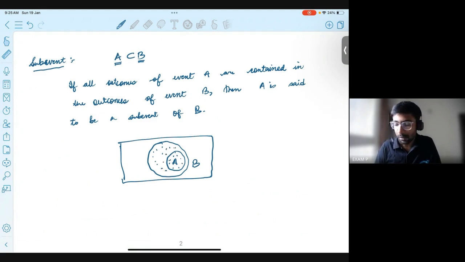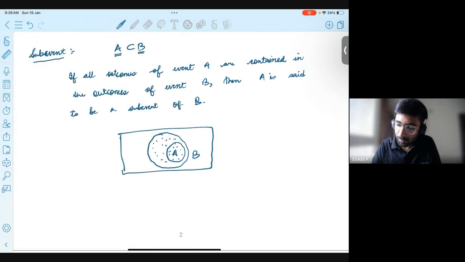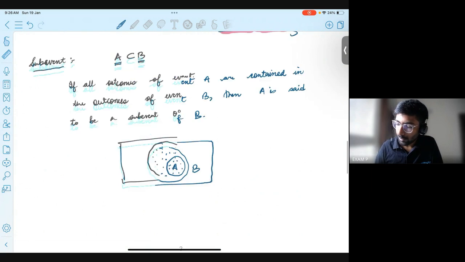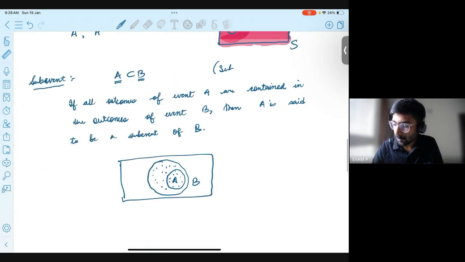So clearly A is a sub-event of event B. That is what sub-event means, and notationally this is it. Next, is this okay? Sub-event. It's similar to the word subset. Yes, sir.